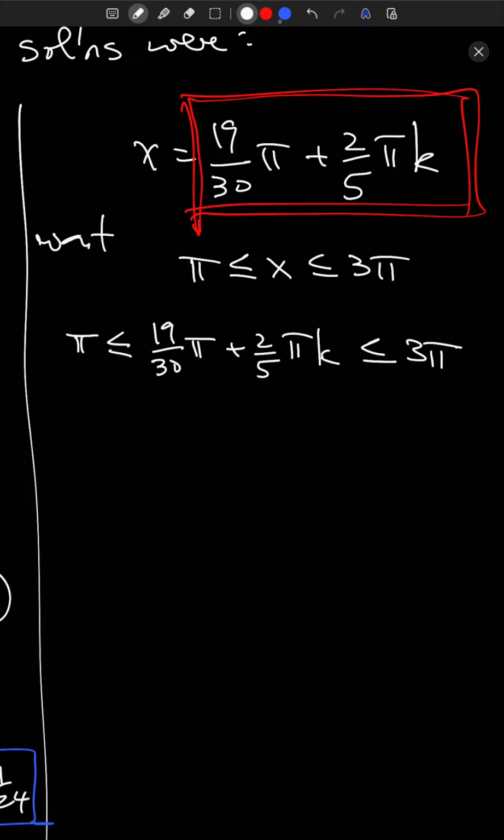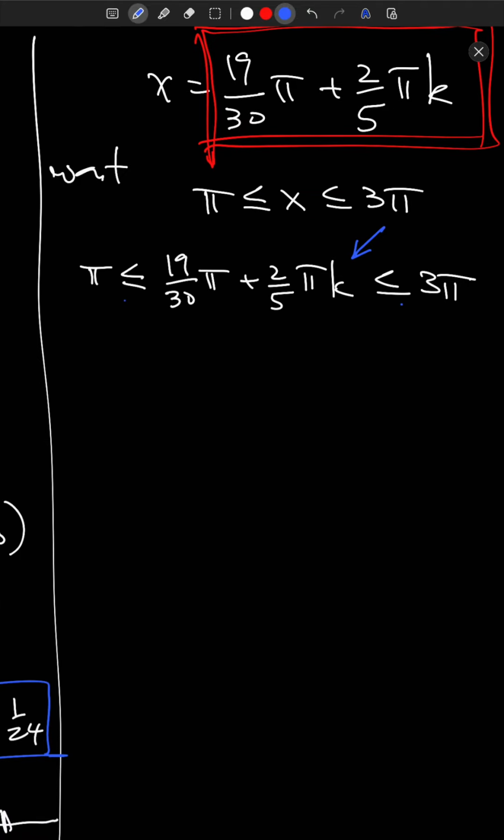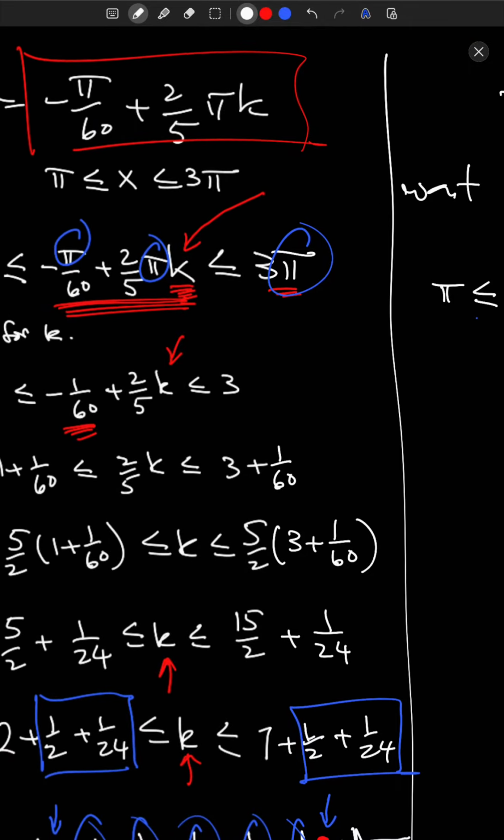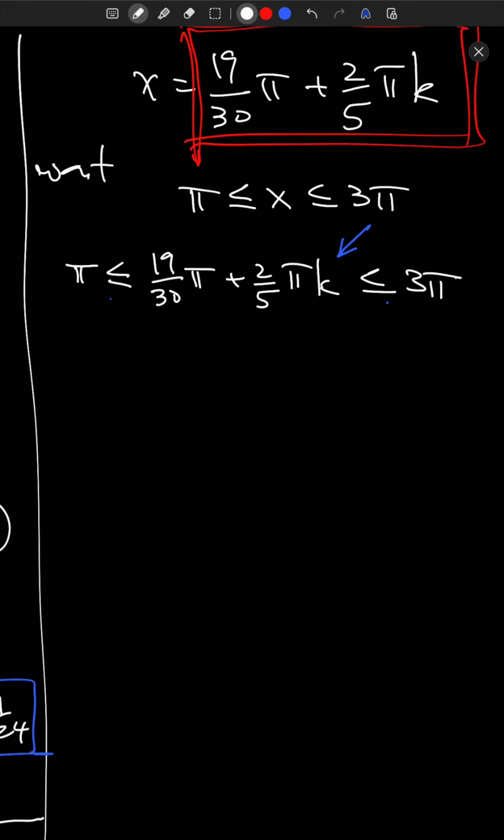And then the k that solve this inequality are going to give me solutions to the right side of the screen, just like the left side of the screen. So we're literally doing the same things, except with different numbers. 19 over 30 instead of, I think it was minus 1 over 60. But in any case, we're doing the same thing.